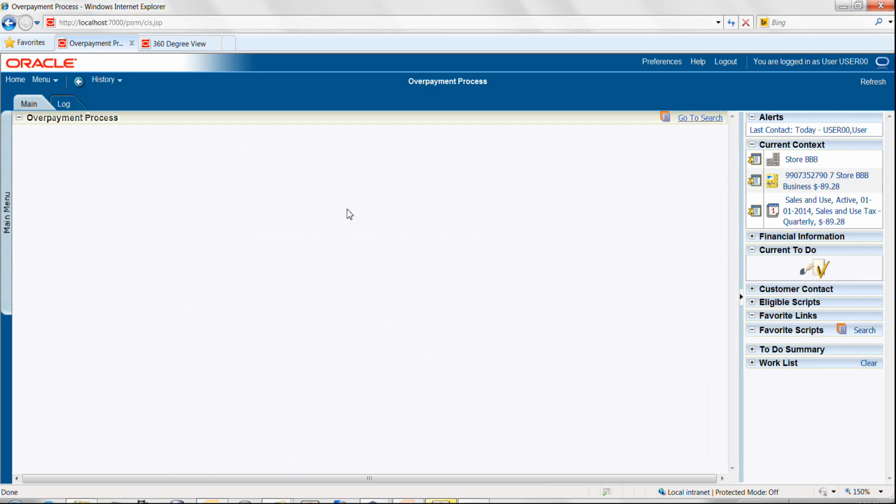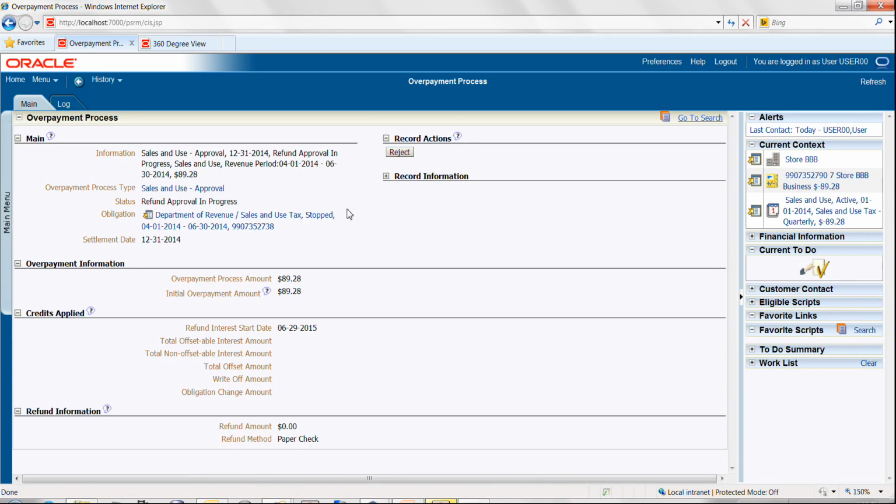So we have now created an overpayment process, which kicks off the process in order to create the check. Now, in this particular case, you could have expected a need to approve this $89.